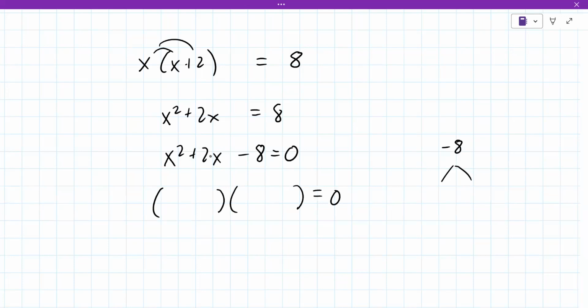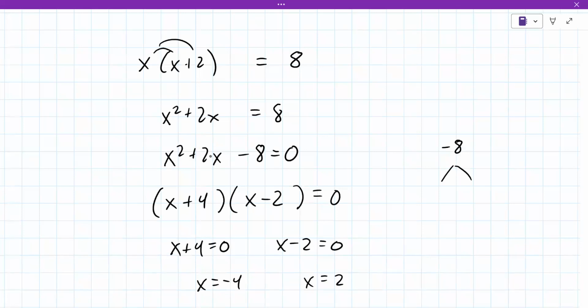You could do +4 and a -2. Very good. You set both of these equal to 0, and you get x equals -4, x equals 2.